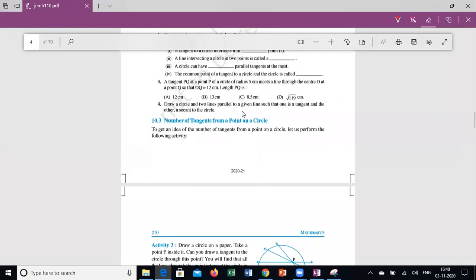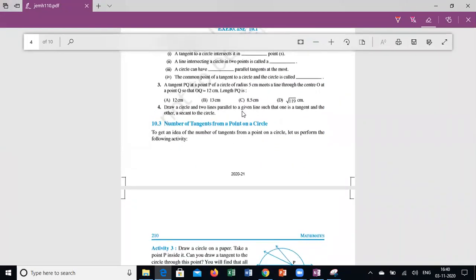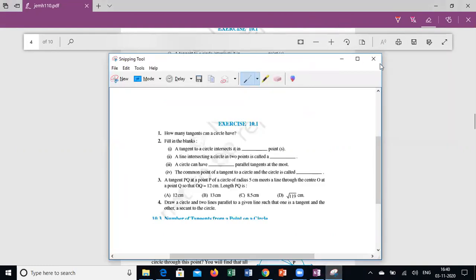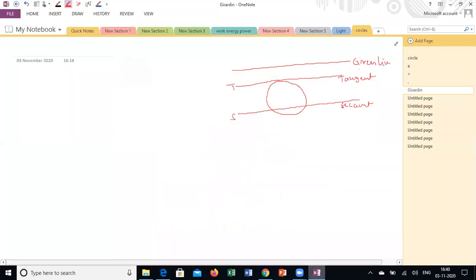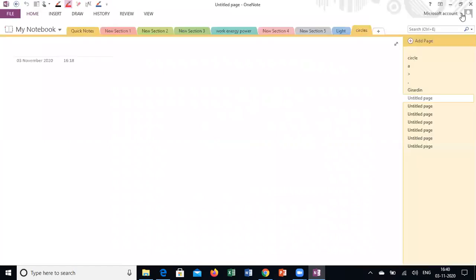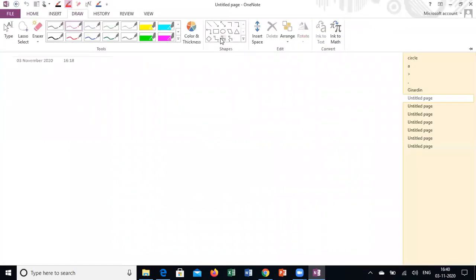Next one is number of tangents from a point on a circle. Before going to this, we have to think a little thing practically. Suppose this screen is a plane, and I'm having a circle in this screen.